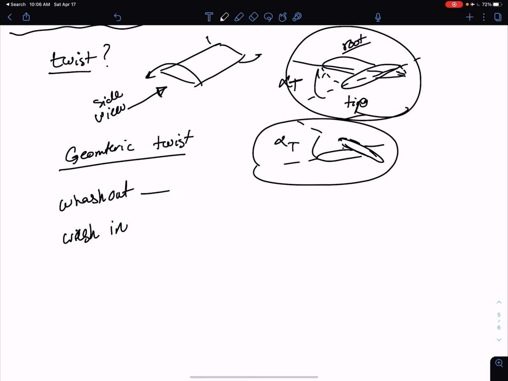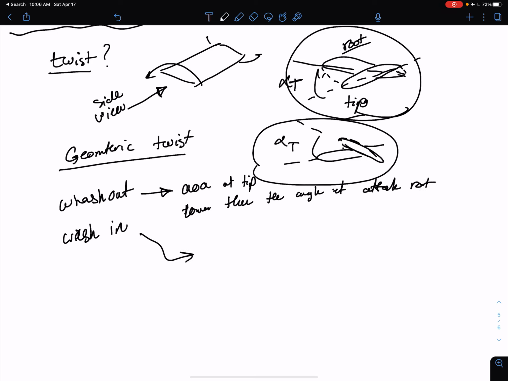You're going to have wash out, which is a more common thing, when the angle of attack at the tip is lower than the angle of attack at the root, which is the more common one.